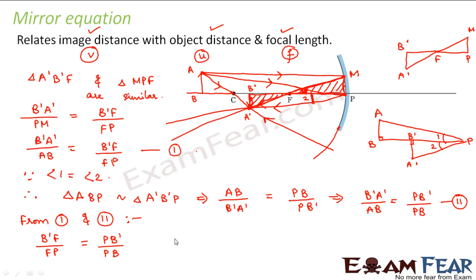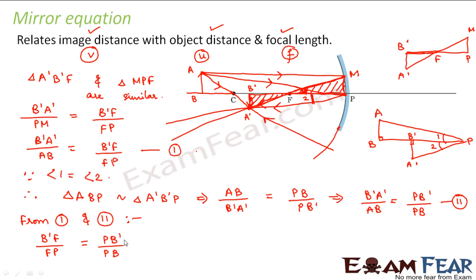Now, what is B dash F? This is B dash F. Now B dash F can be written as PB dash minus PF, right? This distance, B dash F, is nothing but B dash P minus FP.